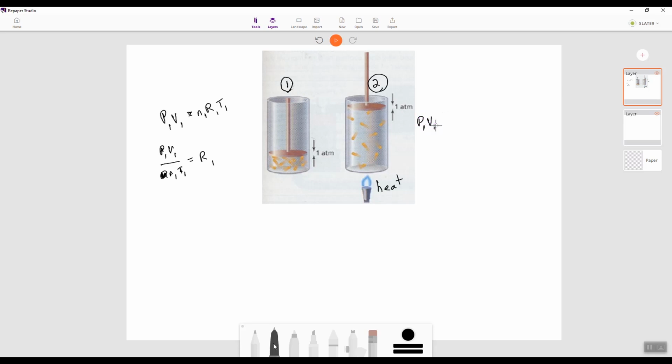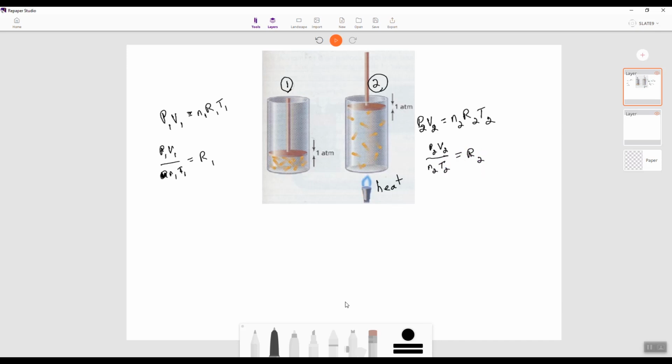So P2 this time, V2 this time, equals N2 R T2. And we can do very much the same thing. We know that P2 V2 over N2 T2 equals R2.